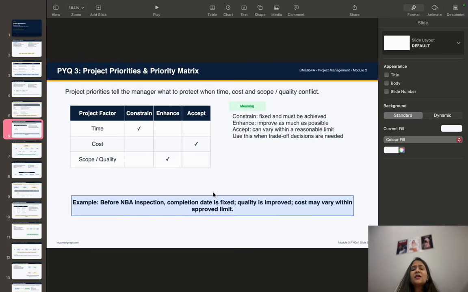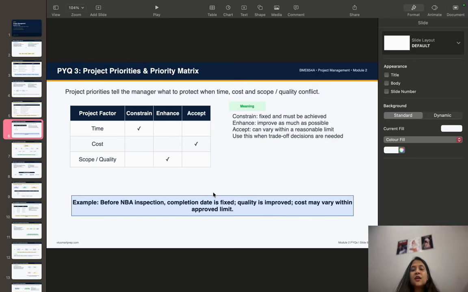Next, remember these keywords for this answer: project priorities and project matrix. First one is constraint, second is enhance, and third is accept. And here you can also give an example: before an NBA inspection, the completion date may be fixed, so time is the constraint.